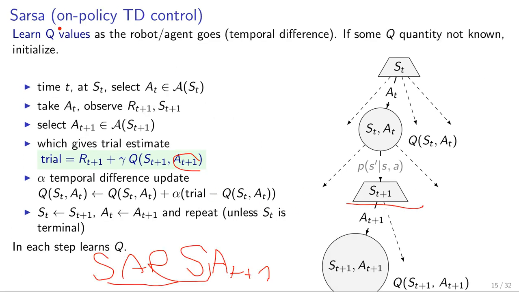Here, it's on policy, because I'm not maxing, but the AT+1 is given by my policy. So I'm not maxing, I'm just following the policy I currently have, which in that sense is not optimal.